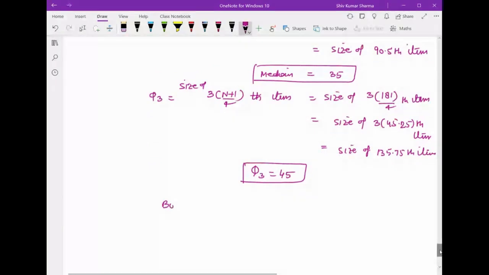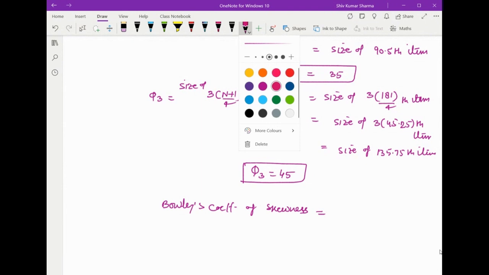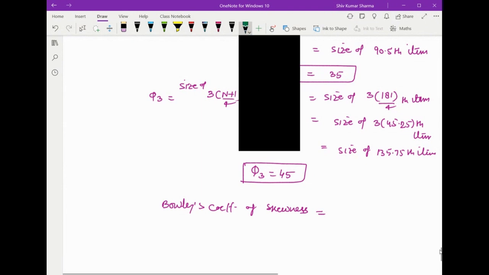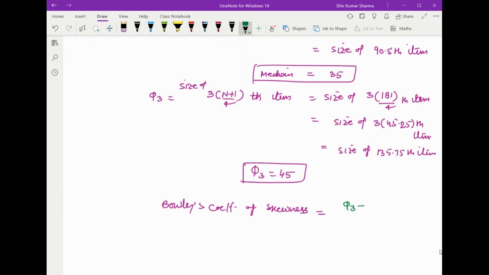So we write the formula. Bowley's coefficient of skewness is equal to, what is the formula? Quartile 3 plus quartile 1 minus twice the median, upon quartile 3 minus quartile 1.